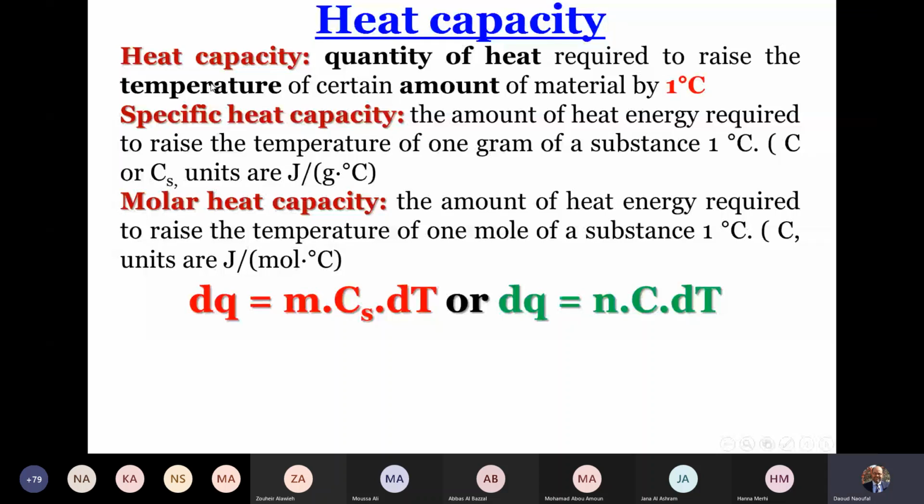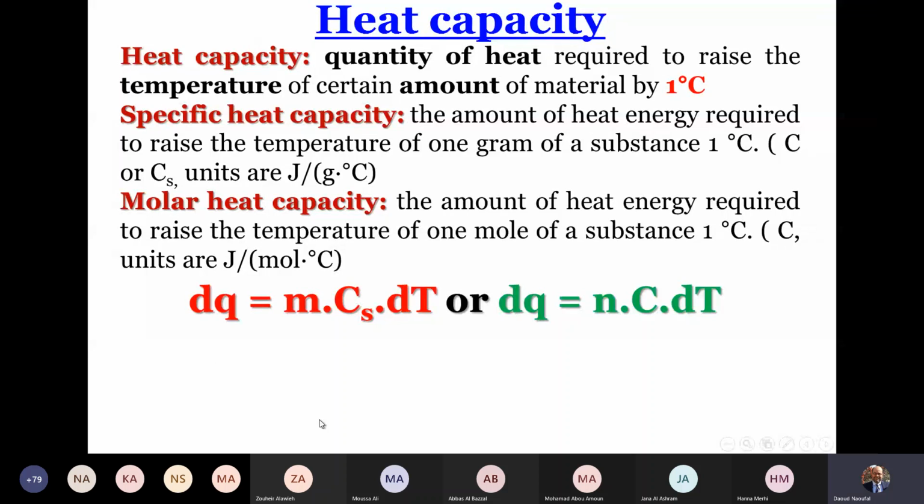Also, the quantity of energy received from the surrounding by the system depends on the mass or the amount of the system. If I want to heat 1 gram, the quantity of heat needed to increase the temperature of 1 gram is different from when the mass is equal to 10 grams.